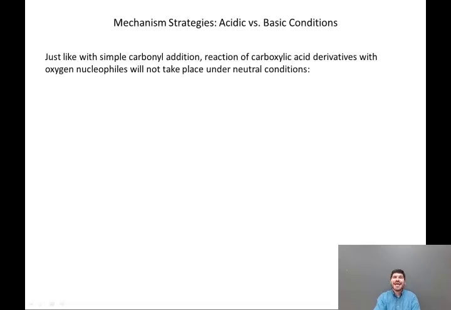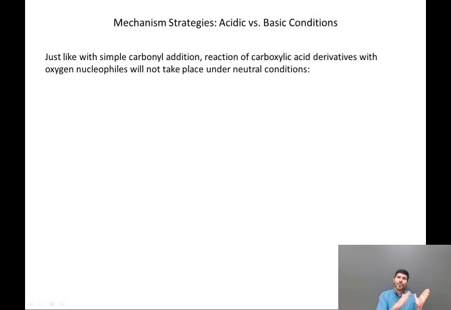Okay, so in the last video, we looked at a mechanism in which we were using an amine as a nucleophile to convert an anhydride into an amide. For that particular reaction, the first step, the nucleophilic addition to the carbonyl group, took place under neutral conditions. That was possible because the nitrogen atom is a good enough nucleophile as a neutral nitrogen to be able to undergo that addition.